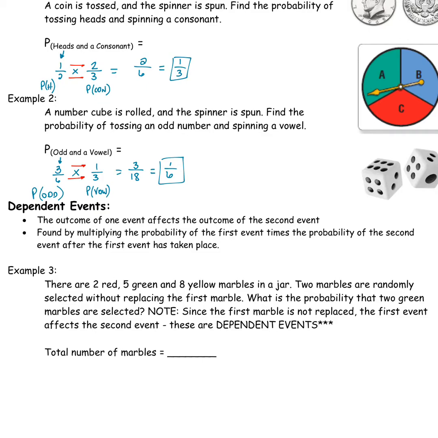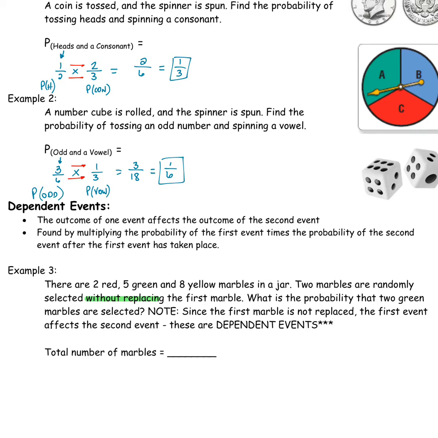We're selecting 2 marbles at random without replacing the first. Without replacement is your big key, flashing lights, that this is a dependent event. What is the probability of 2 green marbles being selected?